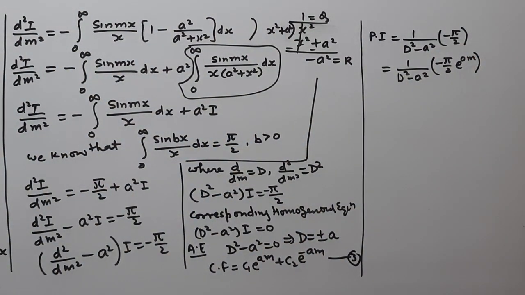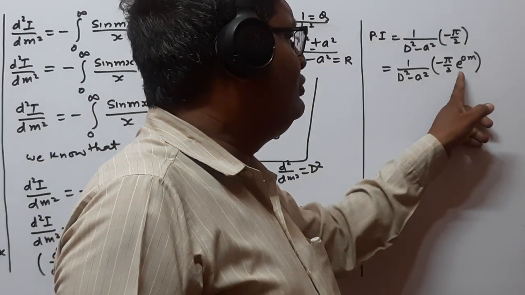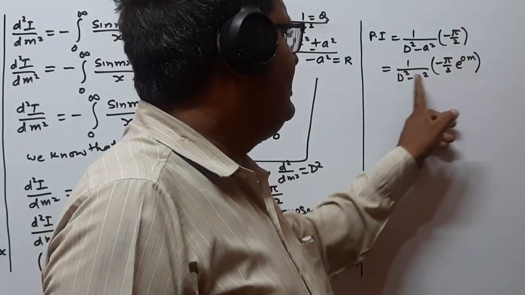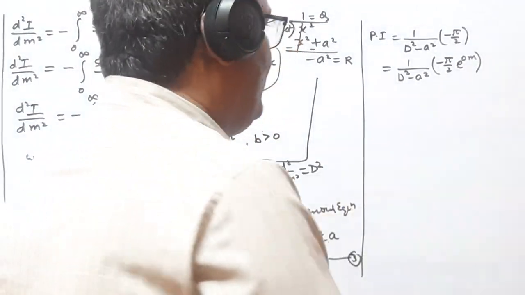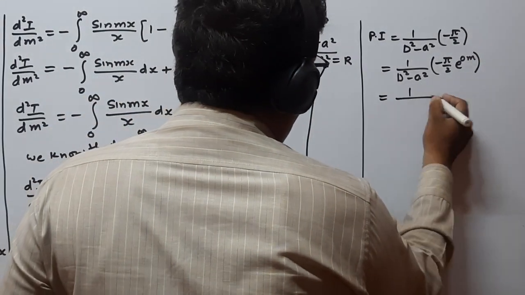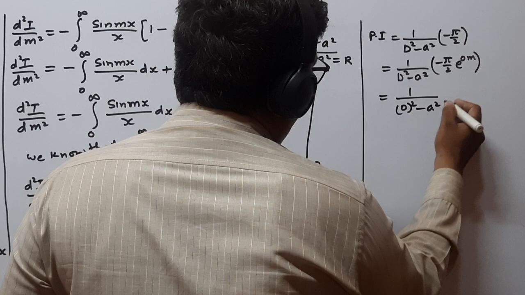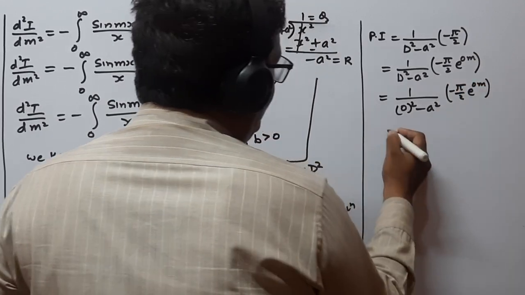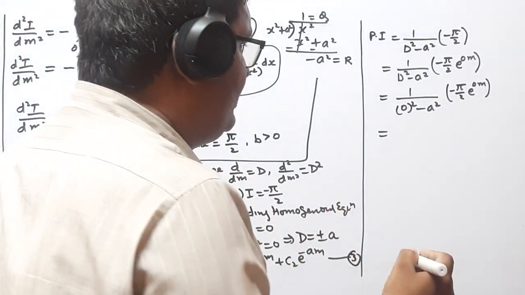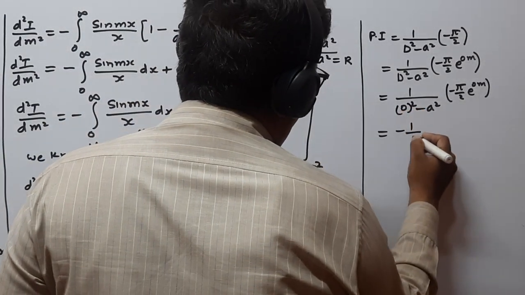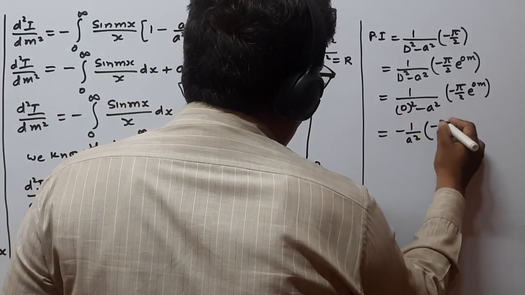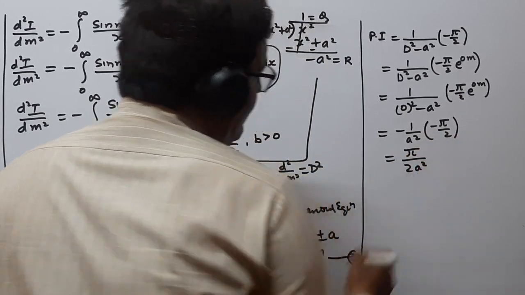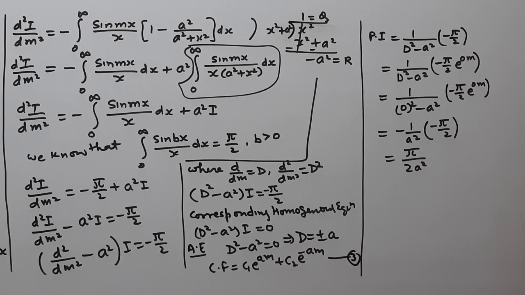Now when we find the particular integral of e to the power am, we replace D by its coefficient. So we write 0 square minus a square, minus pi by 2 e to the power 0m. So 0 square is 0, and here we get minus 1 upon a square multiplied by minus pi by 2. So this gives pi upon 2a square. This is the particular integral.